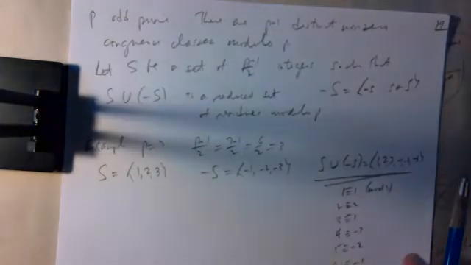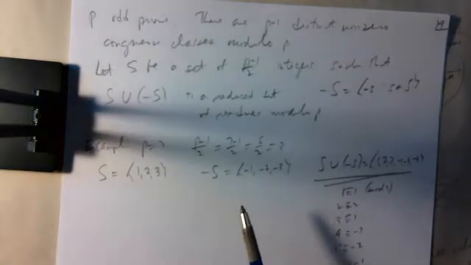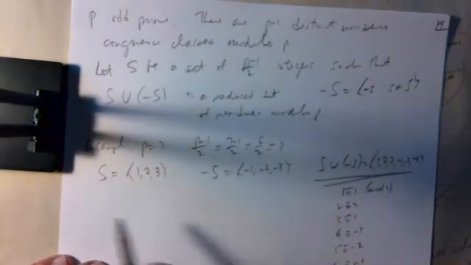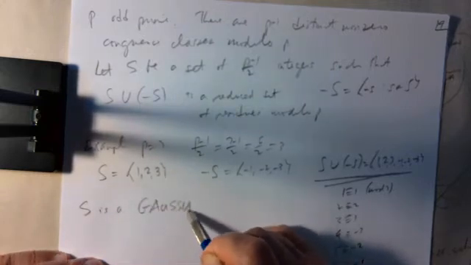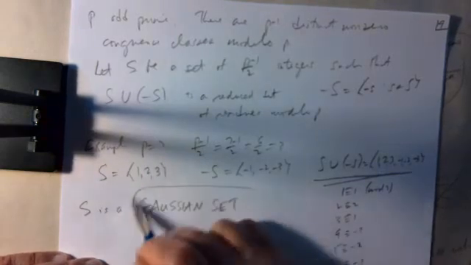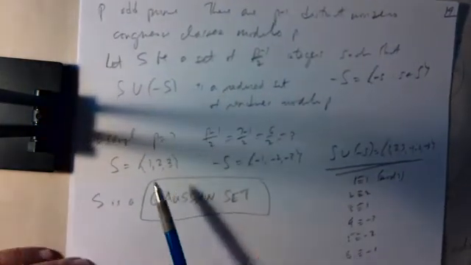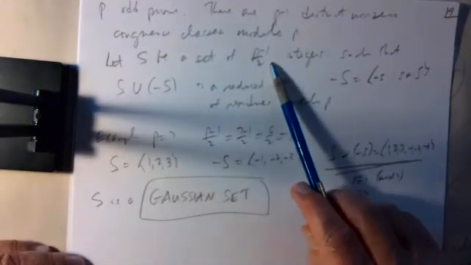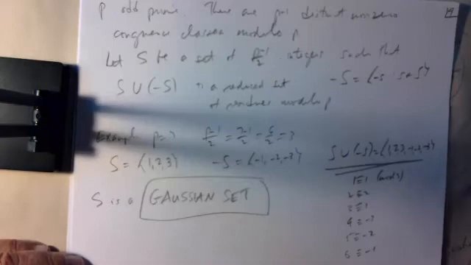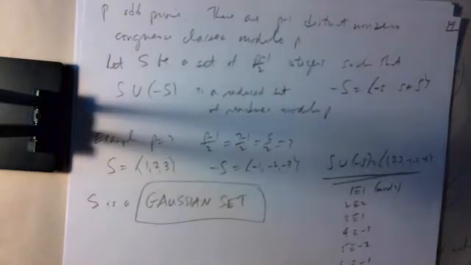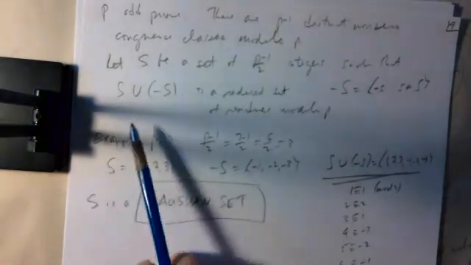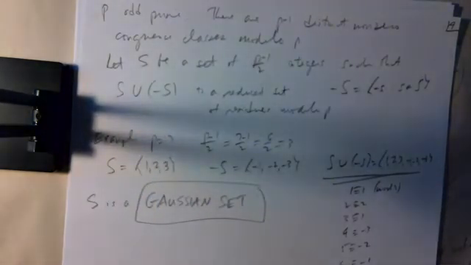So this is an example of a set with these properties, and such a set is called a Gaussian set. So a Gaussian set mod p is a set S of p minus 1 over 2 integers such that S union minus S gives you one representative from every congruence class relatively prime to p.